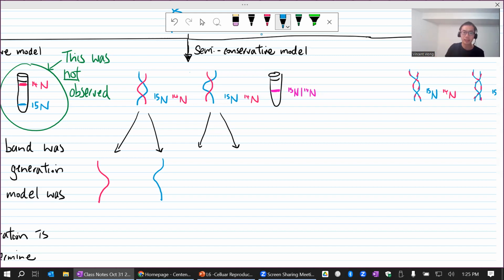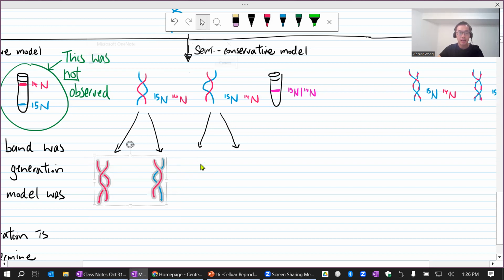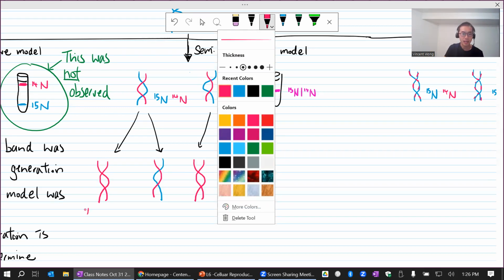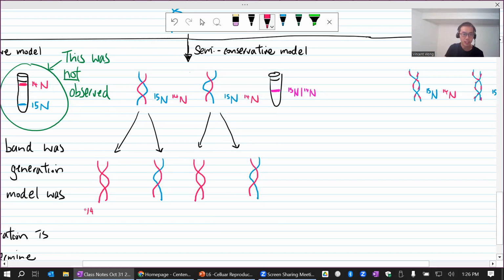We're still growing them in the regular nitrogen. So the new strand that we're building is going to be made of red nitrogen, the 14. And it's going to be the same thing over here. So this is N14 to 14.